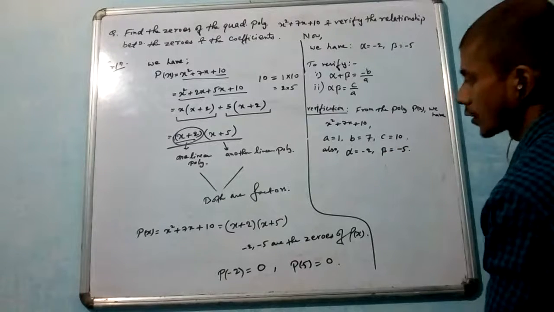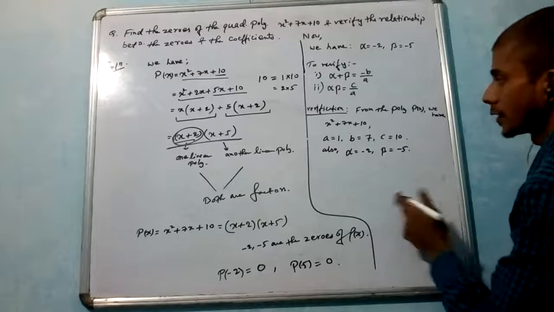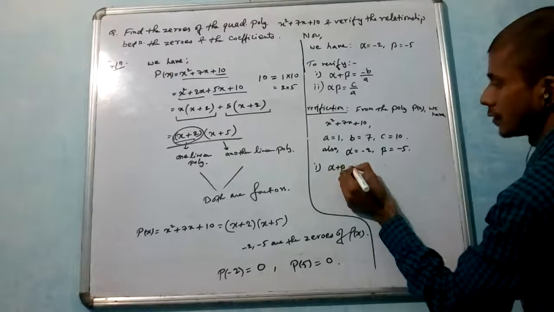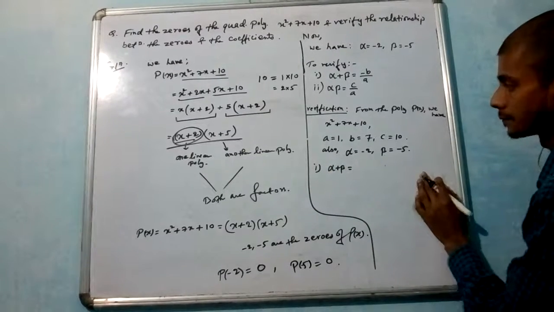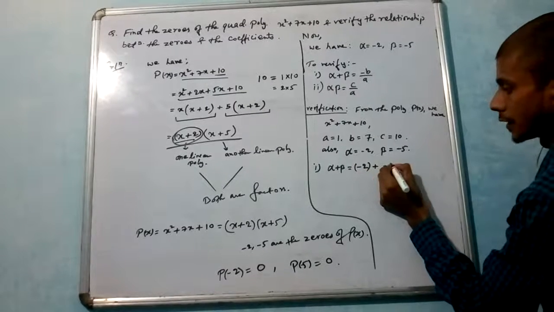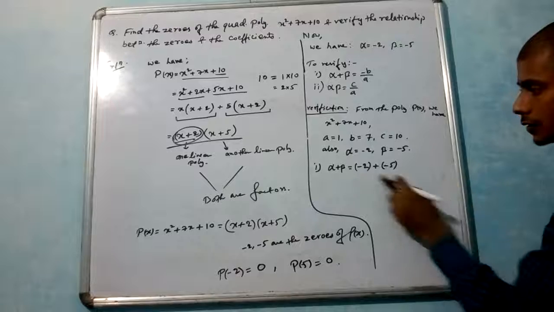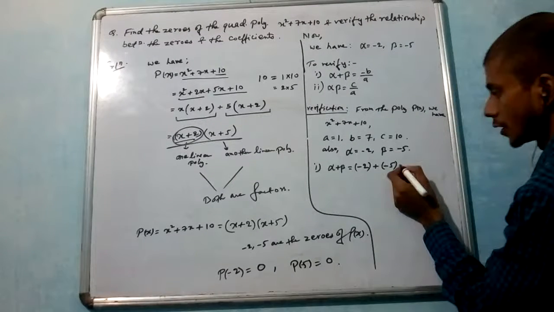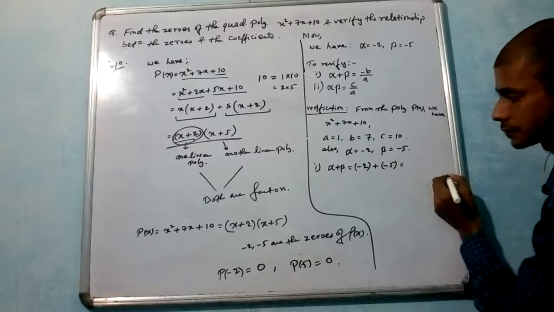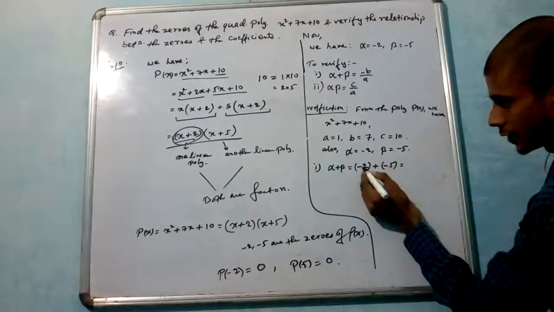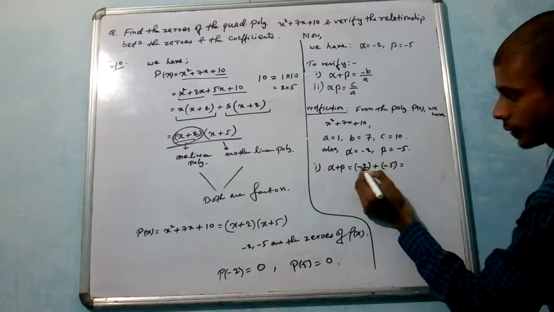Okay, now we will try to verify the first one. Alpha plus beta is minus 2 plus of minus 5. Can you see this? How to open the bracket? Minus 2 as it is, nothing is there.